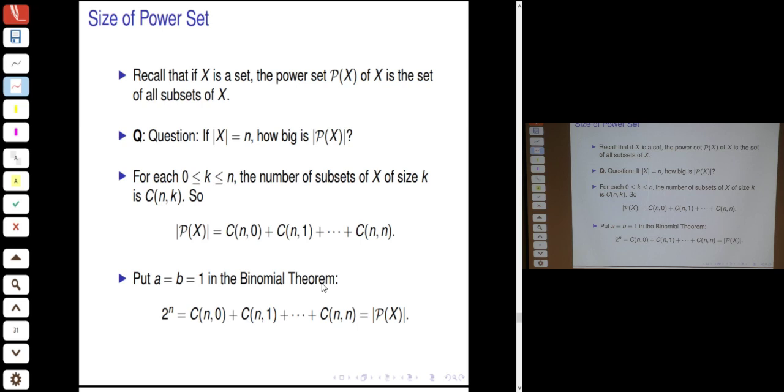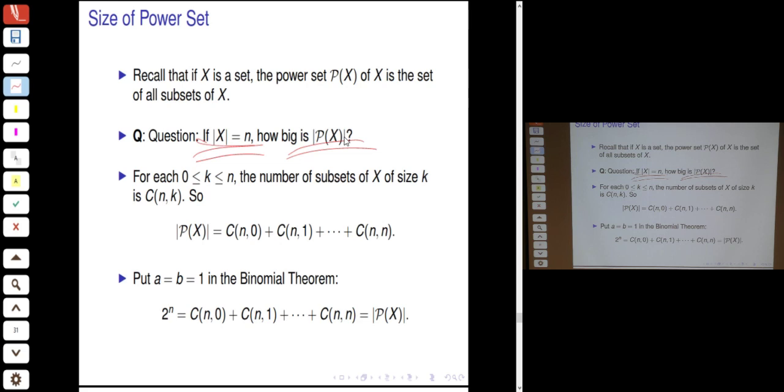So formally that's also counted as a subset. Okay. So if the size of the class is n, if the size of the original set is n, how big is the power set? So how many subsets can you form out of a set whose total size is n? Okay.